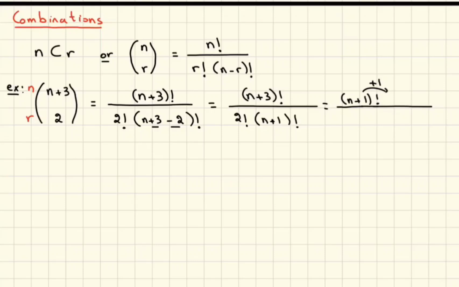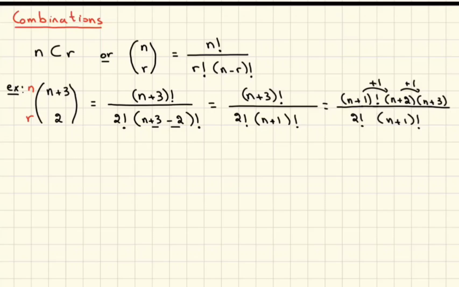So after n plus 1, plus 1, we get n plus 2, then add one more 1, we get n plus 3. The 2 factorial stays the same, and (n plus 1) factorial will be the same.